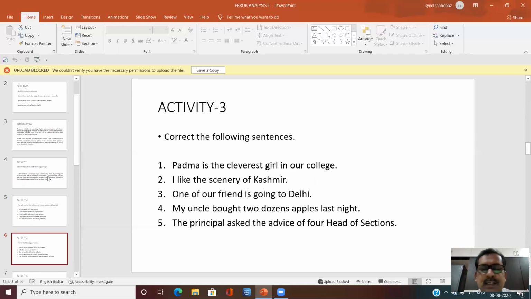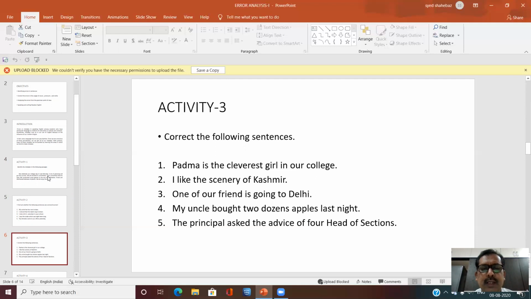Activity. Correct sentences. Padma is the cleverest girl in our college, not a cleverest girl. I like the scenery of Kashmir, not the scenes of Kashmir. One of our friends is going to Delhi, not friends.